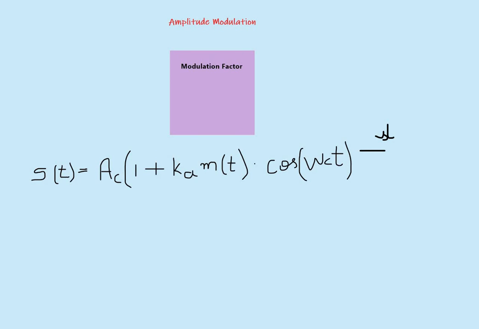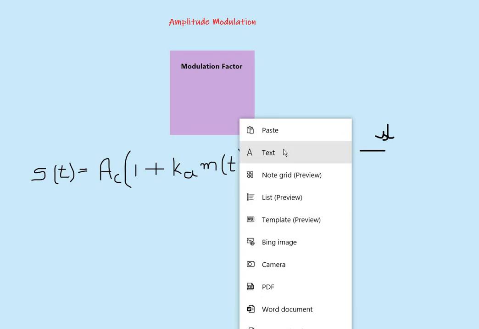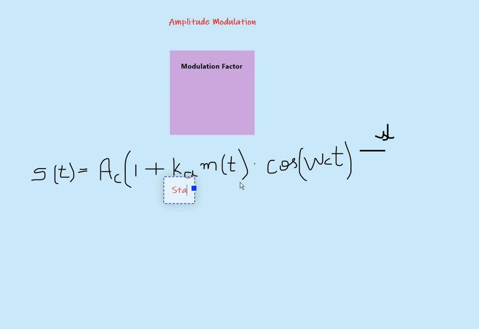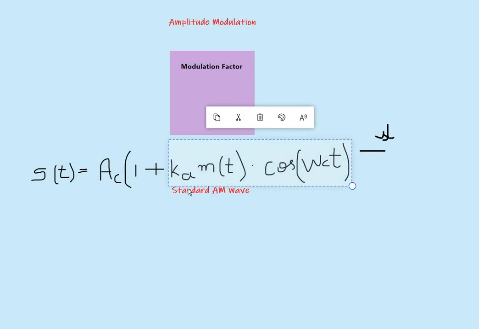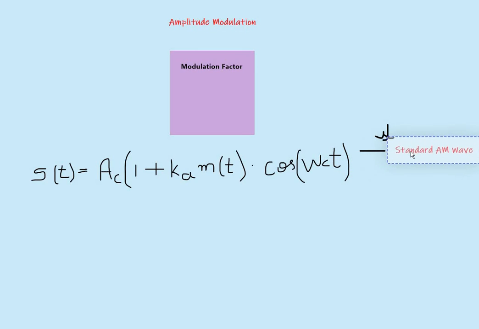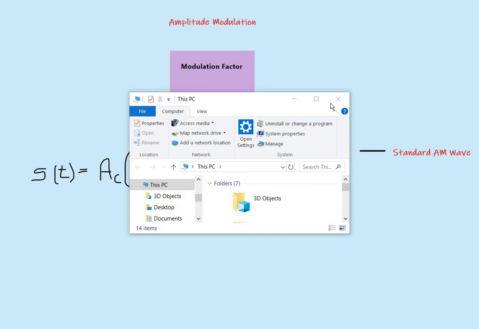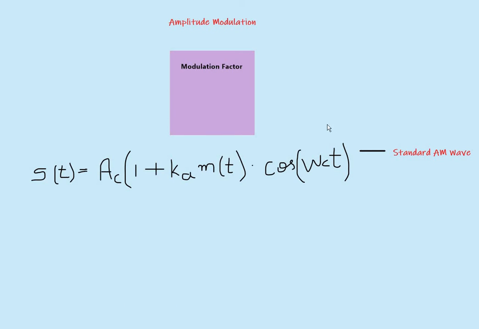Let me write it down. Whenever they ask you to write the equation for the standard AM wave, we are going to write this equation. Now we want to see what the modulation factor is.